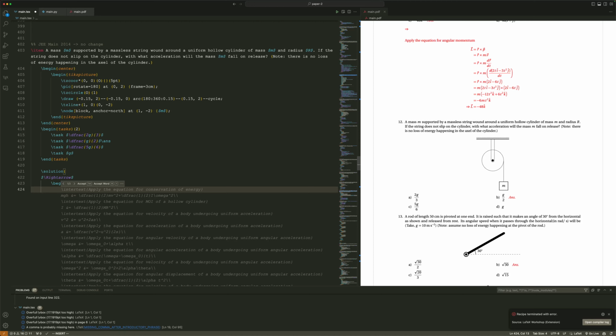We can just apply the torque equation and then apply the condition for the rope length, because the string is not slipping on the cylinder. So a equals R alpha: linear acceleration, or tangential acceleration, equals radius times alpha.